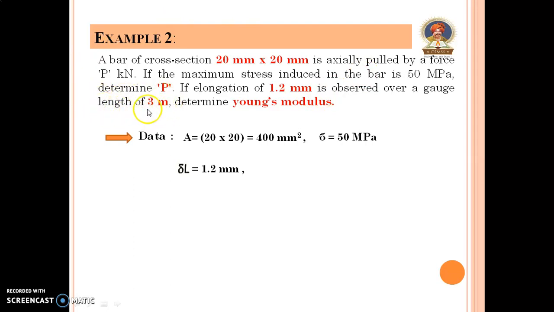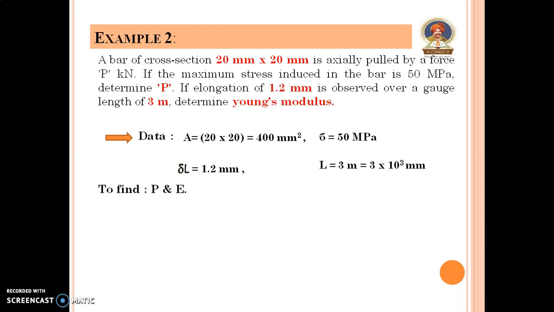This is the original length, so L is equal to 3 meter. Convert it into mm, that is 3 into 10 raised to 3 mm. So what is to be found in this numerical, that is determine the P and Young's modulus. So to find P and E.